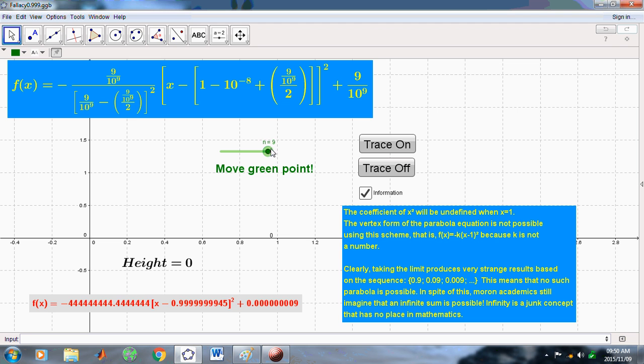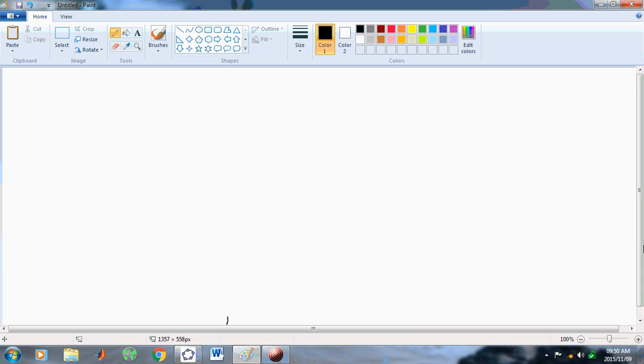But in spite of this, academics will still say that it is a valid concept to take the limit of such a sequence and then replace it in a function. So for example, when you have something like this, s of n is equal to 1 minus 1 over 10 to the n, that actually generates these values, okay?